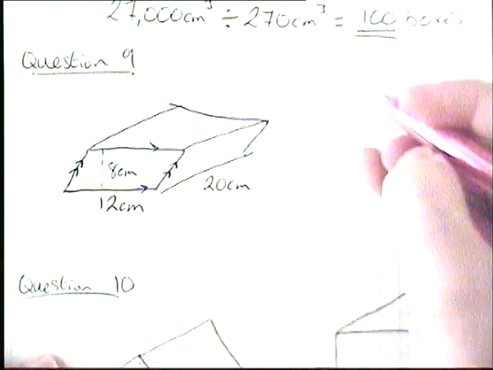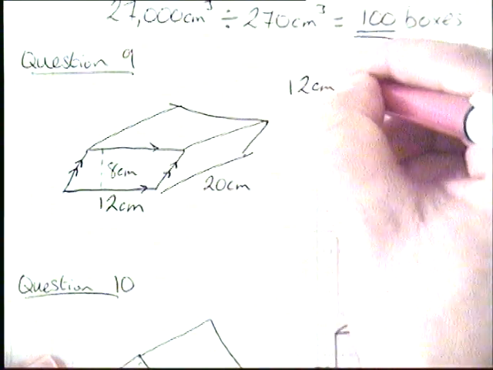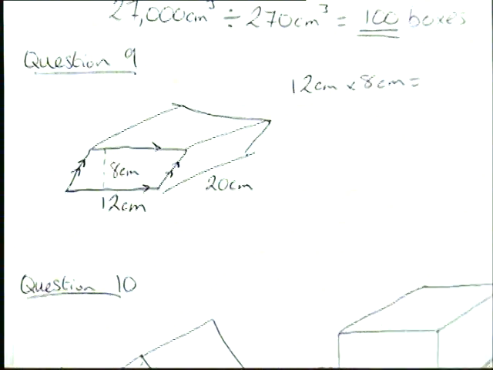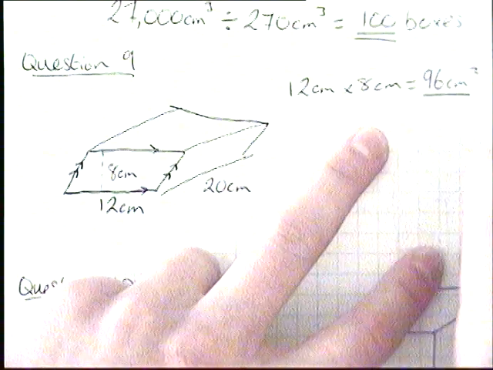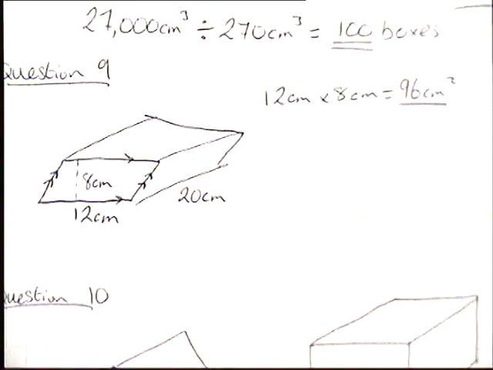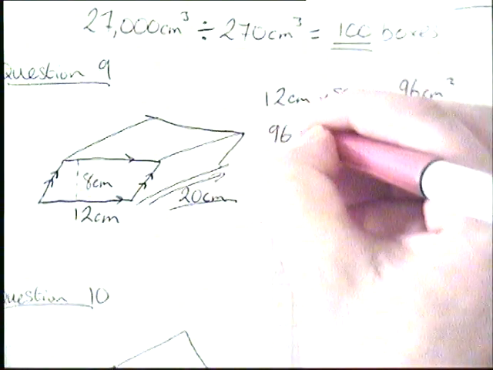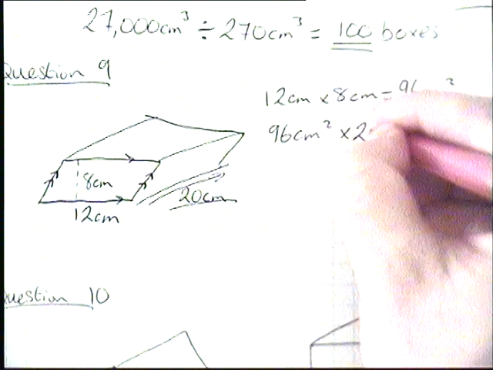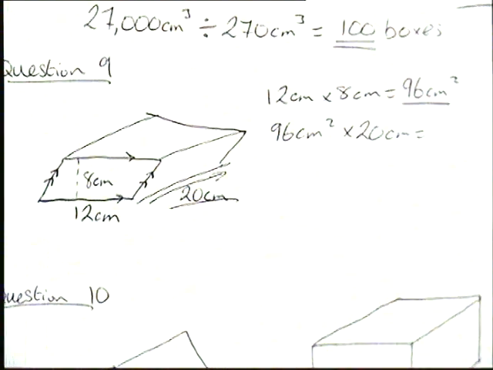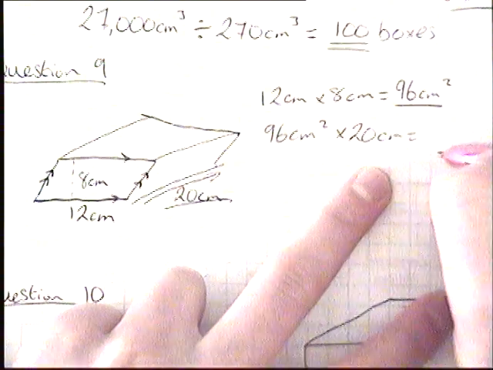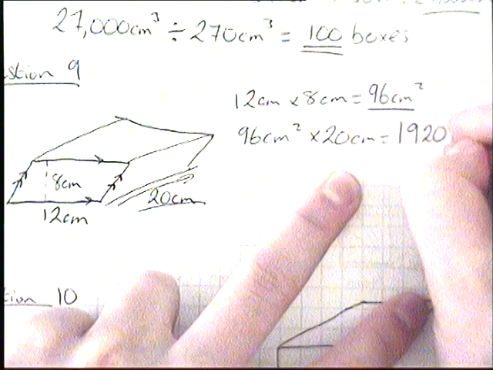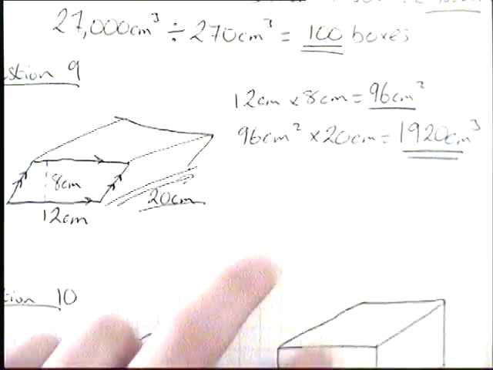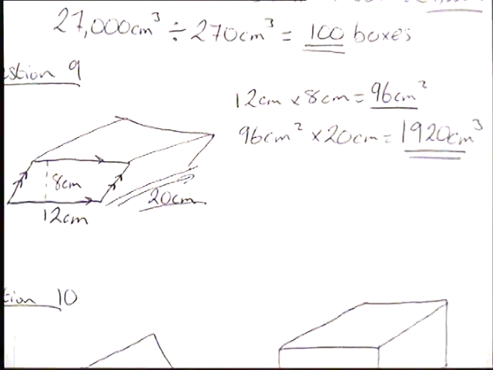So we've got 12 times 8, so 12 centimeters times 8 centimeters, which is 96 centimeters squared. We're then going to times that by the length of 20. So 96 centimeters squared times 20 centimeters gives us 1,920 centimeters cubed. So that's the volume of our prism.